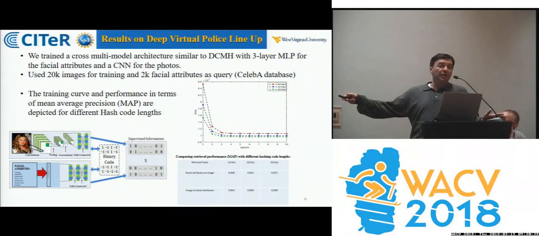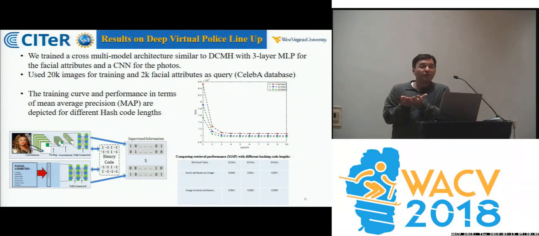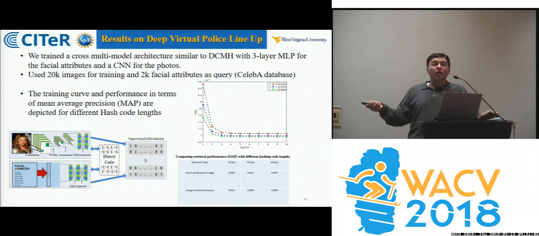There is still merit, because if I use the attributes to reduce my gallery from 7 million even to 1 million, and then use some clever computer vision algorithms to exploit this, maybe what I can do, which actually we are doing, that's his paper next, is combine the sketch with the facial attributes.